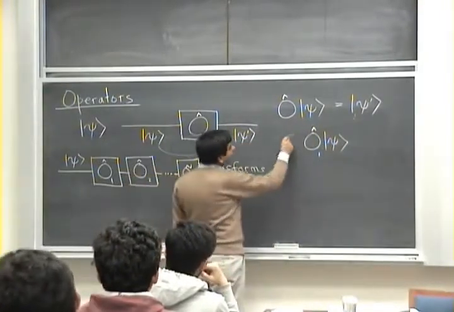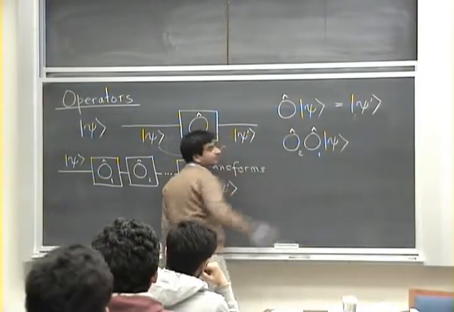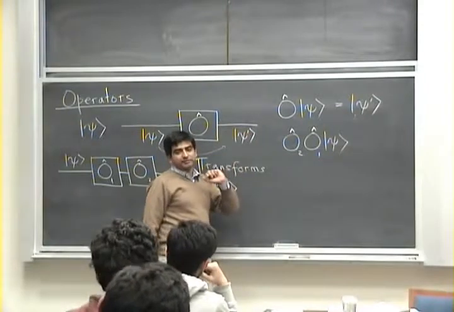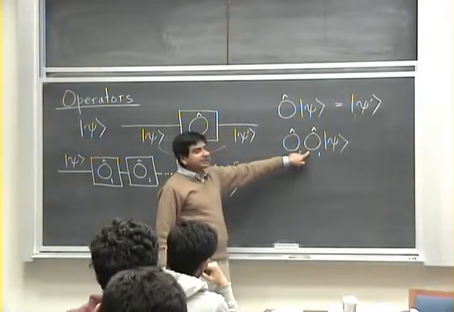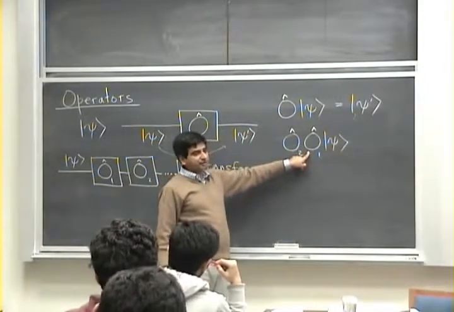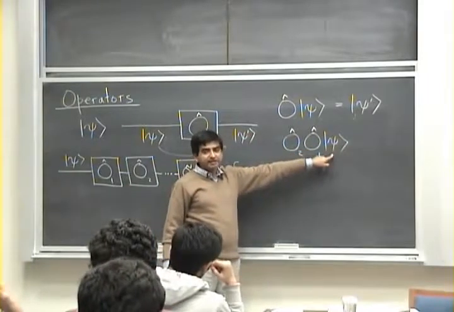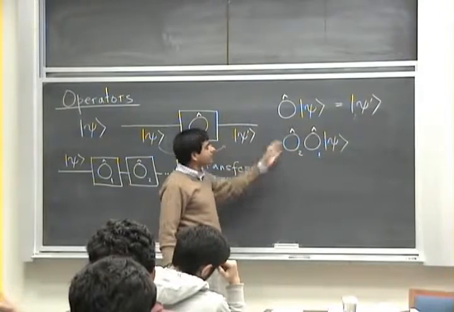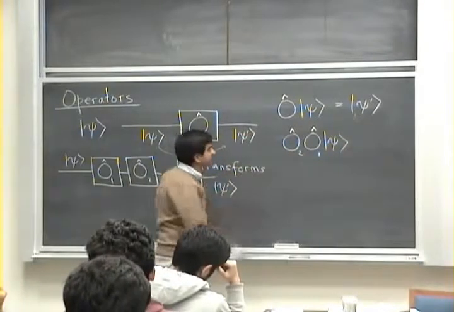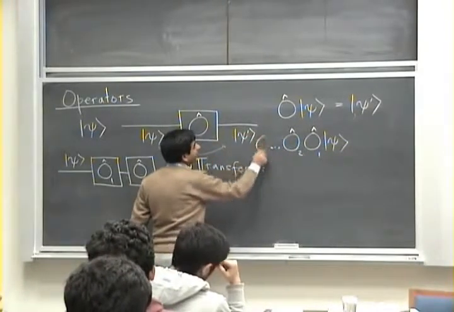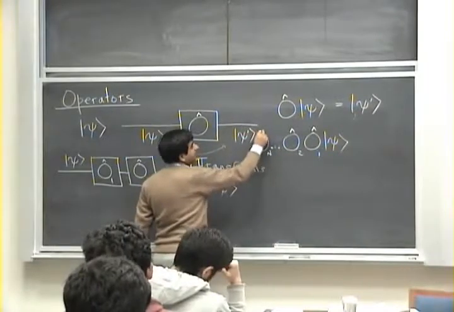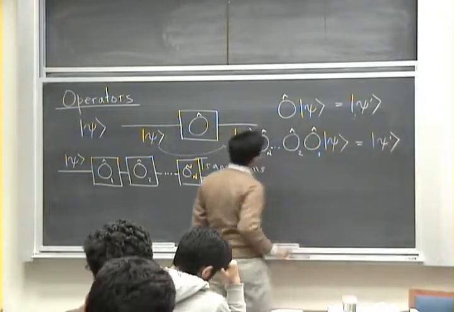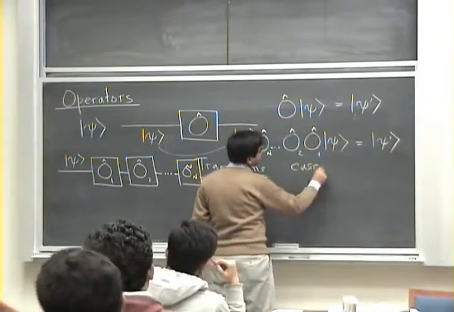It's followed by O2 acting on it. Okay? So look at the time ordering. The operator that acts first comes to the right, and it acts on the ket, followed by the operator that acts after O1, and it comes to the left, all the way up to ON, and you get your final state, psi dash. So these are cascaded operators.